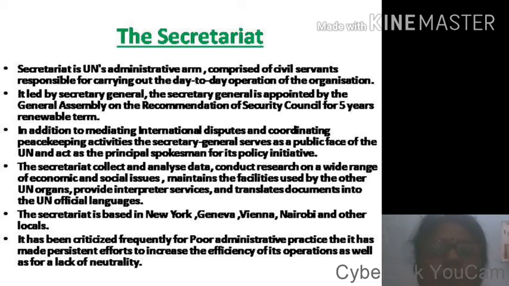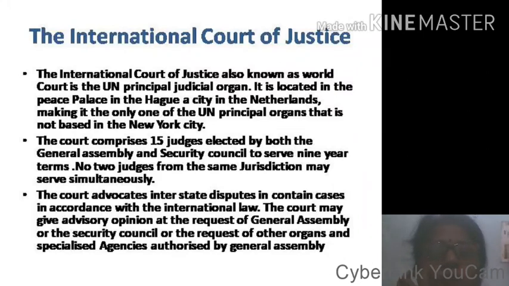Then we will talk about the International Court of Justice. As the name says, it is the main judicial organ of the United Nations, and it tries to solve disputes among the world's member countries.